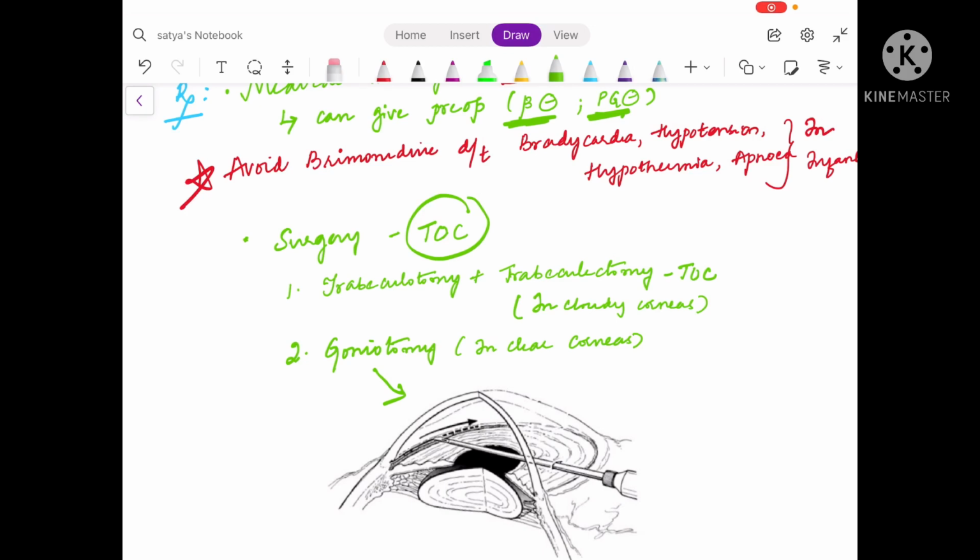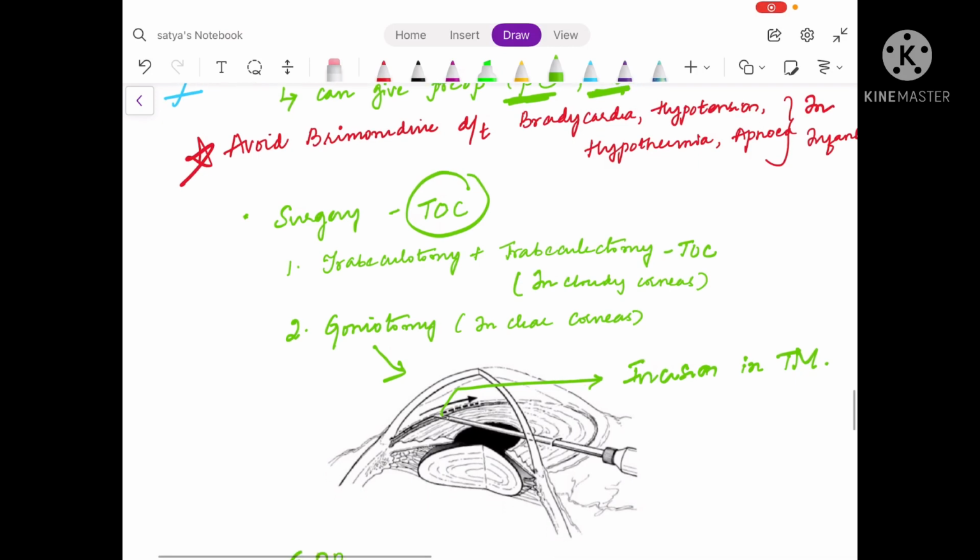Under direct visualization, an incision is made here in the midpoint of the trabecular meshwork, and the aqueous is now drained happily. If this fails, again we will go for trabeculotomy and trabeculectomy, in repeated failed gonios also.